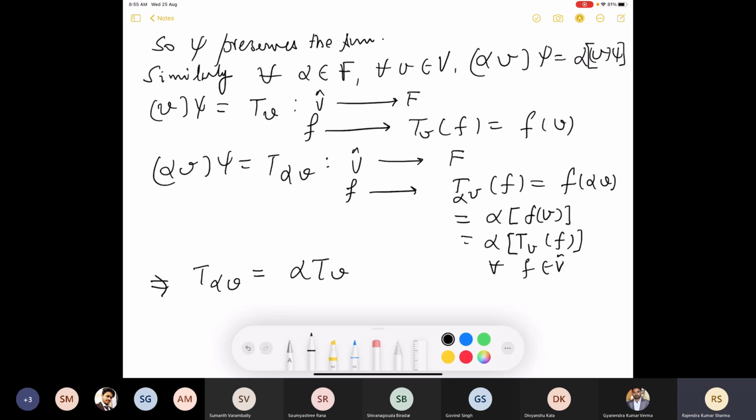Now this is true for every V in V and for every alpha in F. And what does it mean? That alpha V under psi is the same as alpha times V under psi. So it preserves the scalar multiplication also. So what we have got is that psi is a homomorphism.